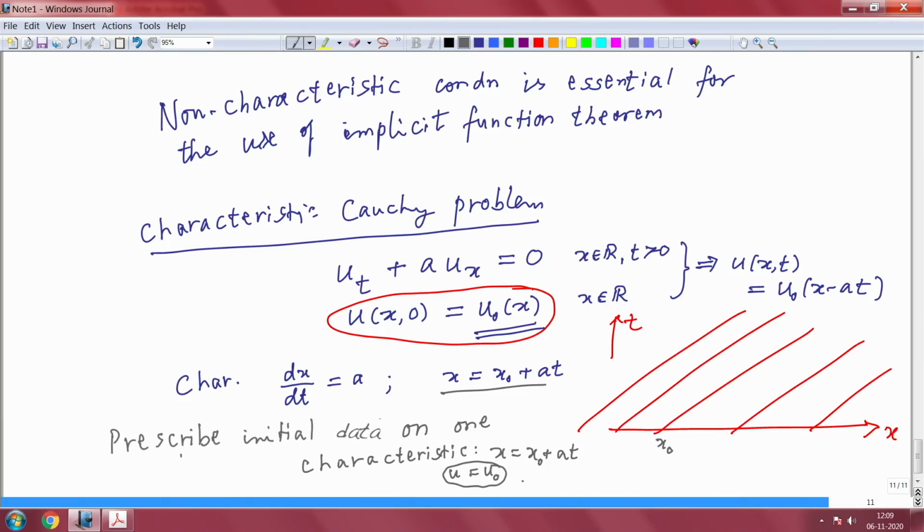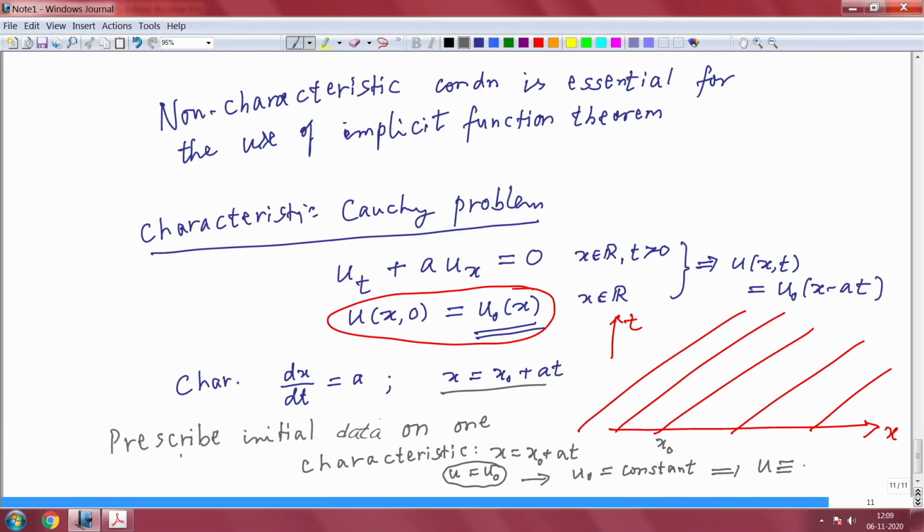So, first of all, u 0 has to be constant. So, restriction. And if you want this u to be a C1 function, that u has to be constant throughout.